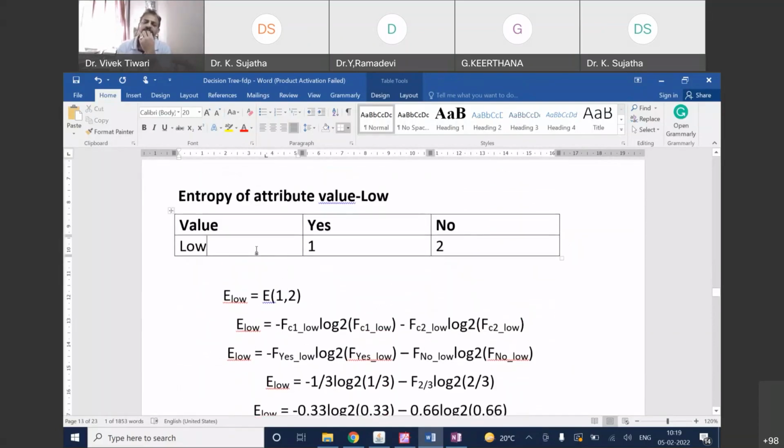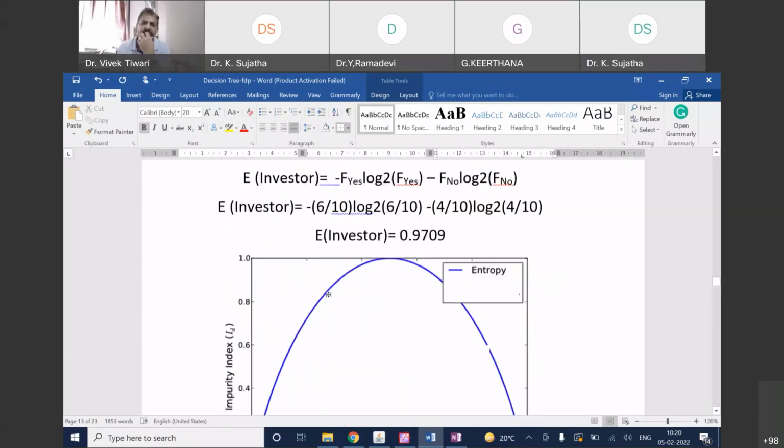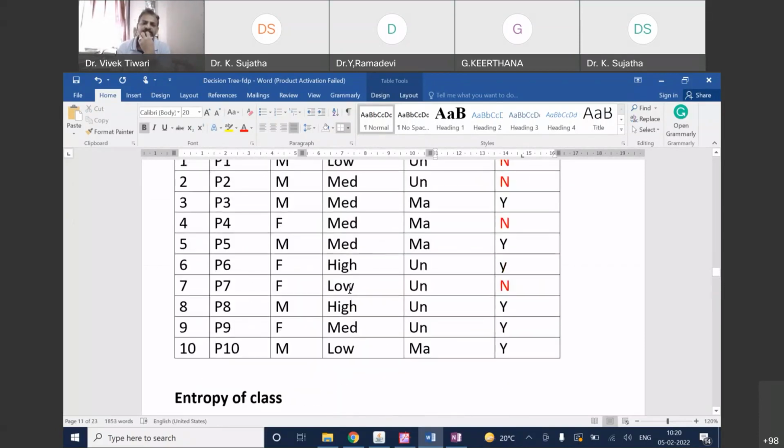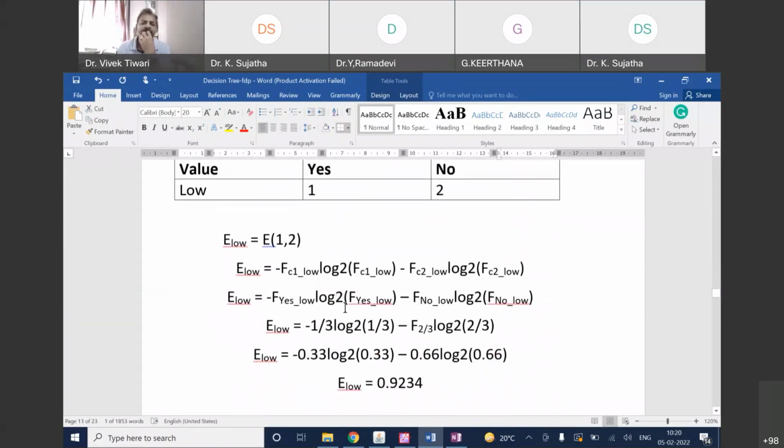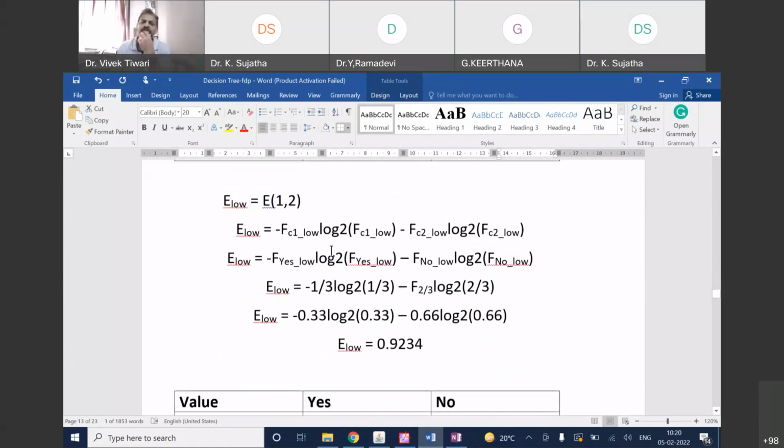Out of the three observations, one is in class yes and two are in class no. You can reconfirm it: low, class no; this low is also class no; the last low is in class yes.